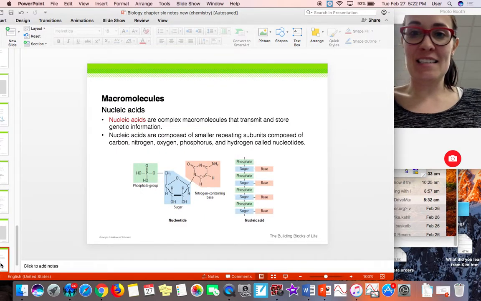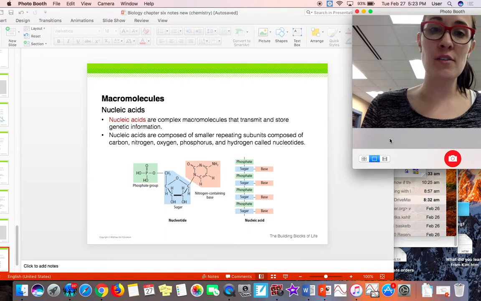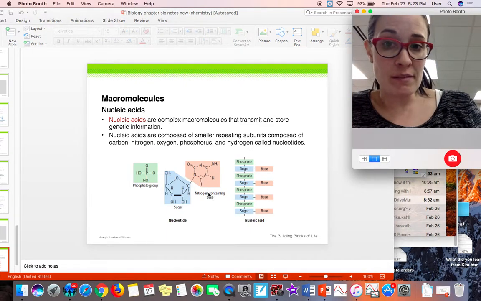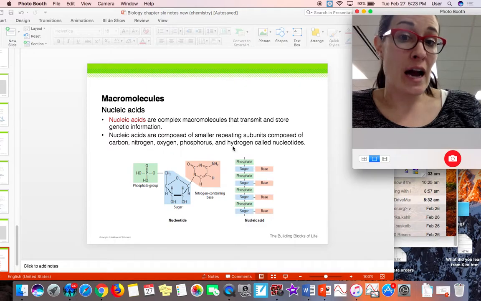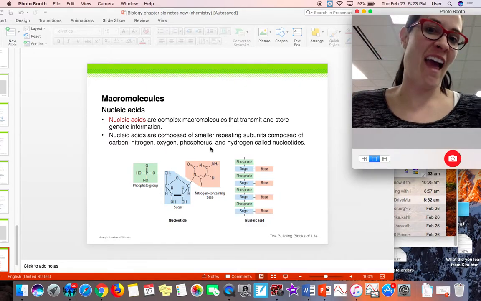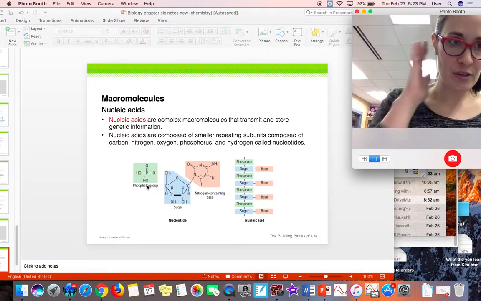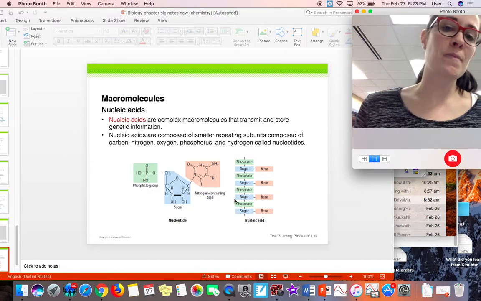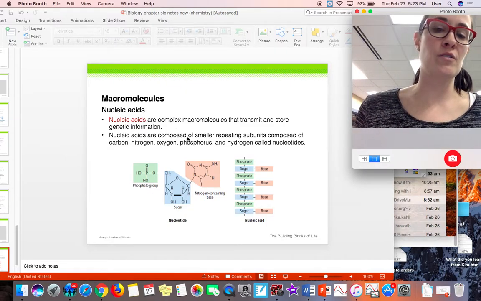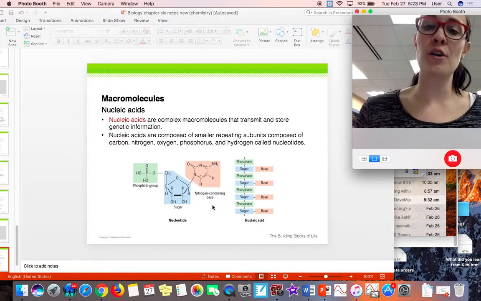Nucleic acids. Nucleic acids are the 4th group of major macromolecules, again made of carbon, but also hydrogen, oxygen, nitrogen, and phosphorus. They have a phosphate group, okay? So the general structure of a nucleic acid is made up of these building blocks called nucleotides.